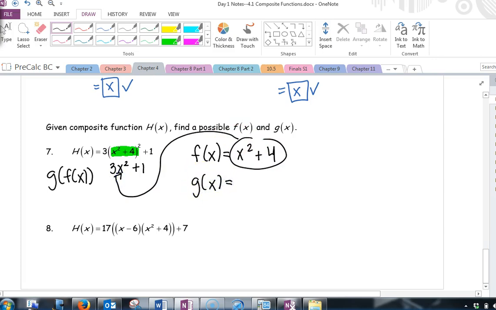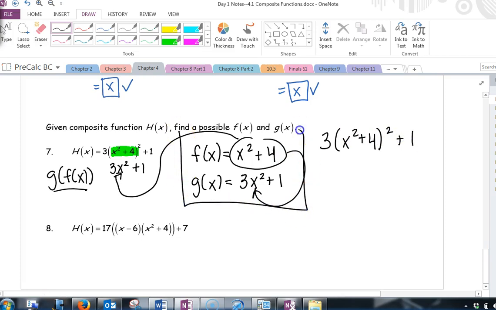So g of x has to be 3x squared plus 1. Okay, and then just try it. If you did g of f of x, you would take 3, and then you would plug this in. x squared plus 4 squared plus 1. And yes, that's what you have. Okay, so this is all they're looking for.